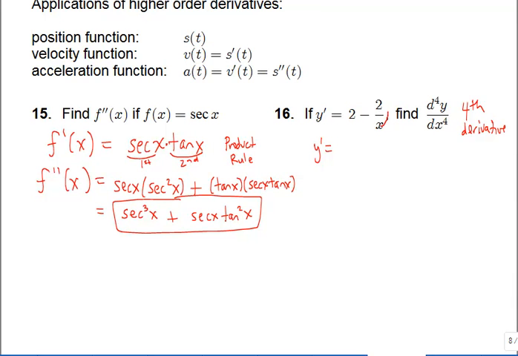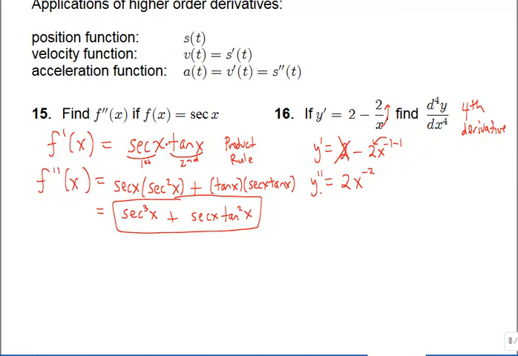So what I'm going to do is move that x up into the numerator so that I can avoid my quotient rule. So this first derivative is actually the same as 2 minus 2x to the negative 1. So if I take a second derivative, this 2 will go to 0, and when I bring down my negative 1 and multiply it by that minus 2 that's already there, it becomes a positive 2, and when I subtract 1 from the power, the new power becomes a minus 2.